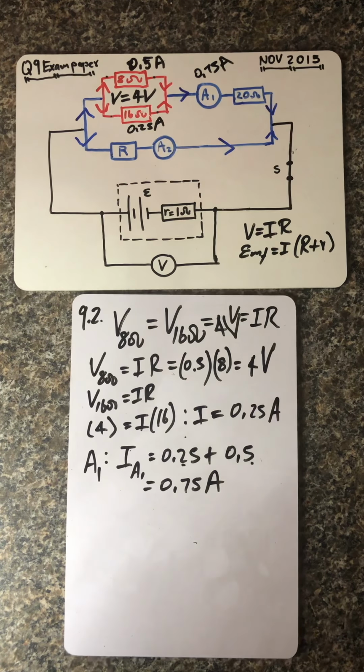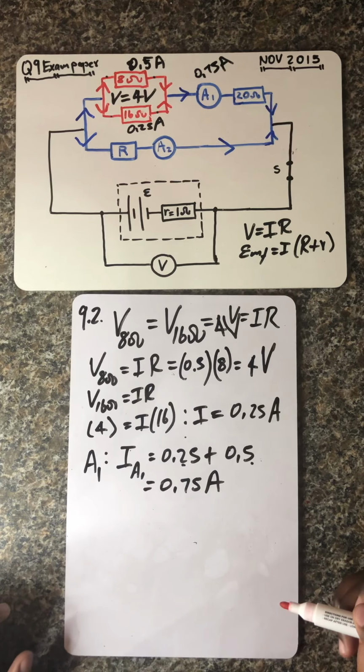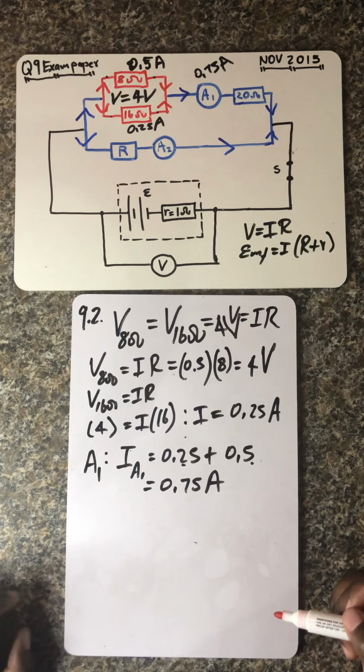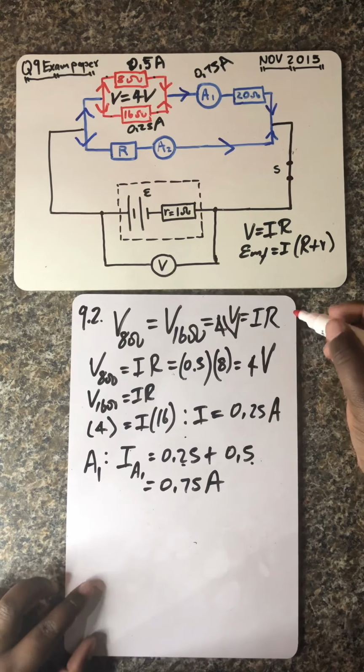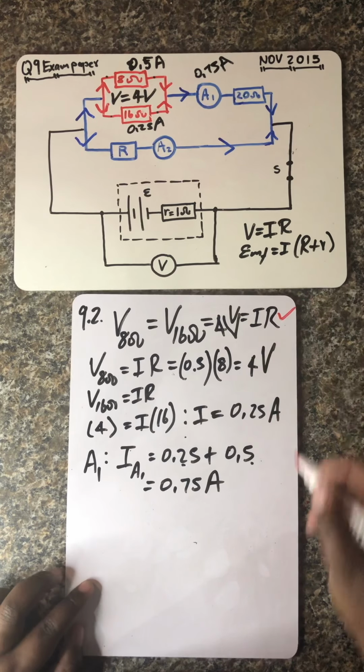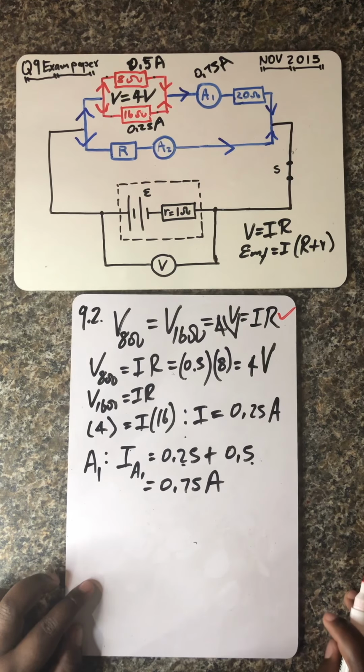Now let's see where we score our marks. You might be lucky and score a mark for writing the correct formula, which is V is equal to IR.